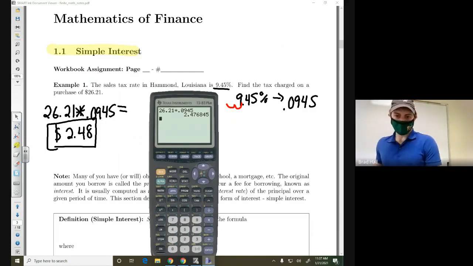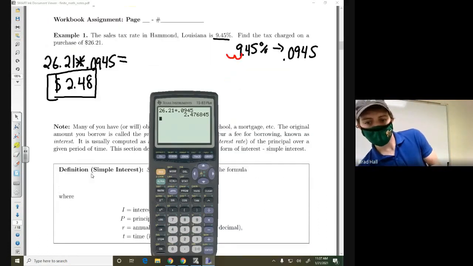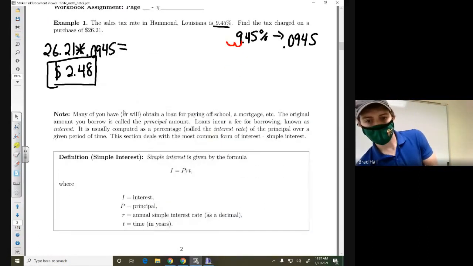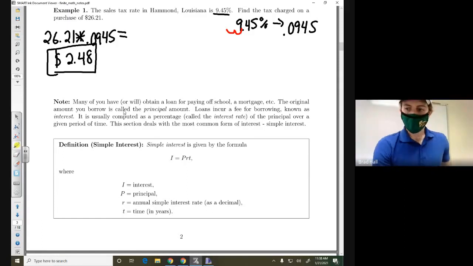Well, let's refine this a little bit more. We'll start to give everything some terminology. So the original amount that you borrow or the original amount you invest is called the principal amount.